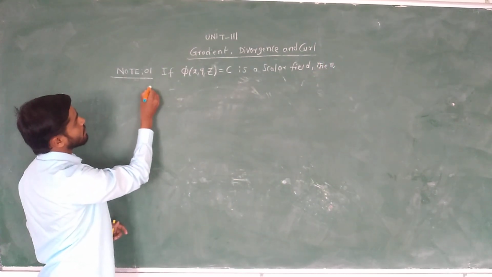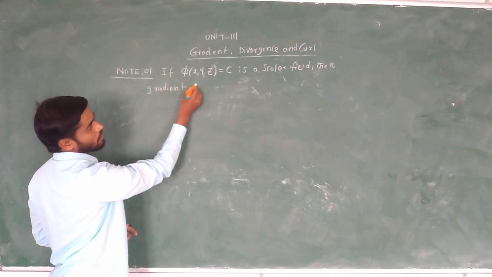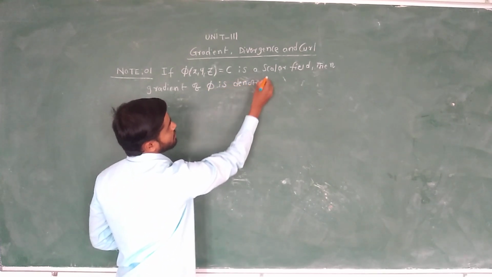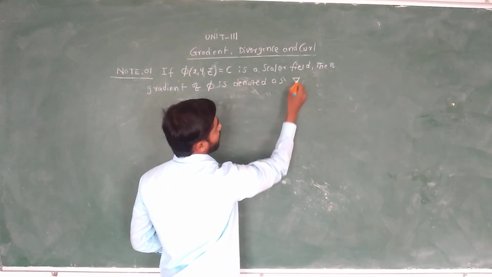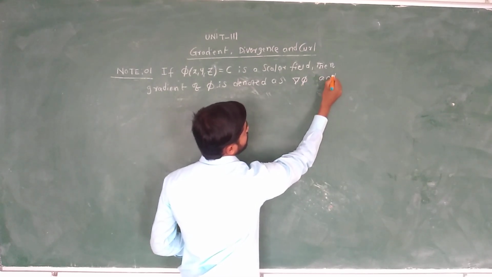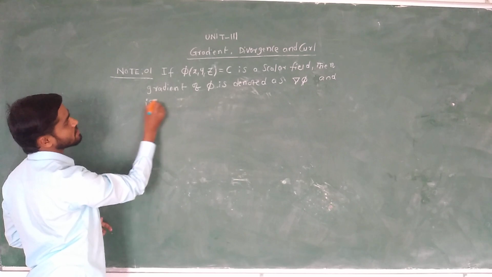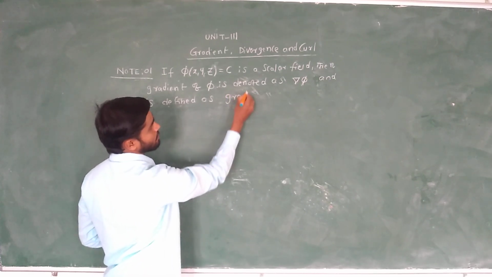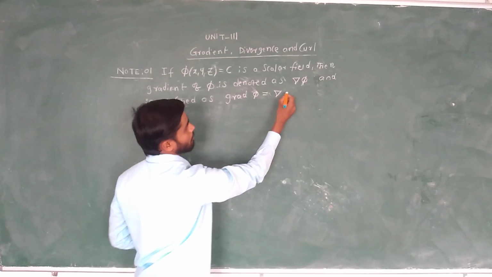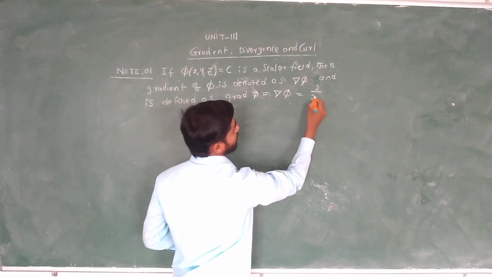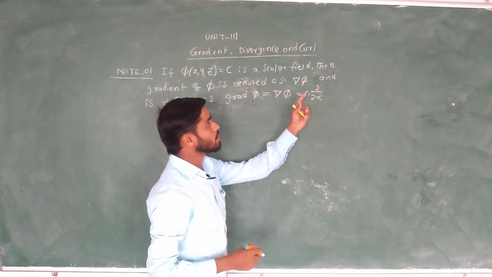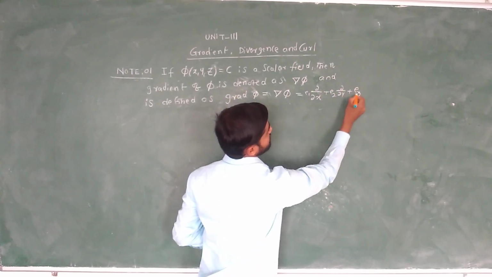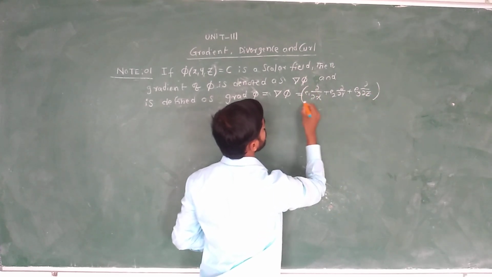then the gradient of phi is denoted as del phi and is defined as grad phi is equal to del phi, that is equal to E1 times dou by dou x plus E2 times dou by dou y plus E3 times dou by dou z into scalar field phi.